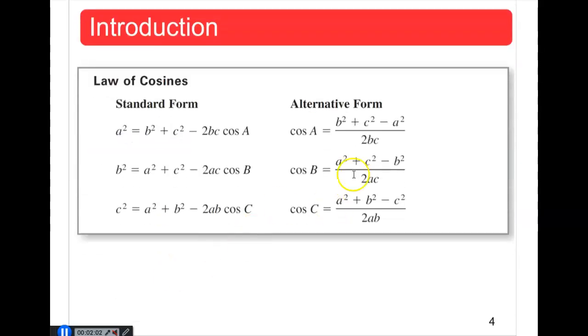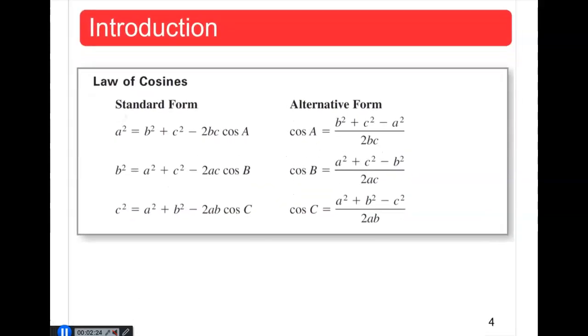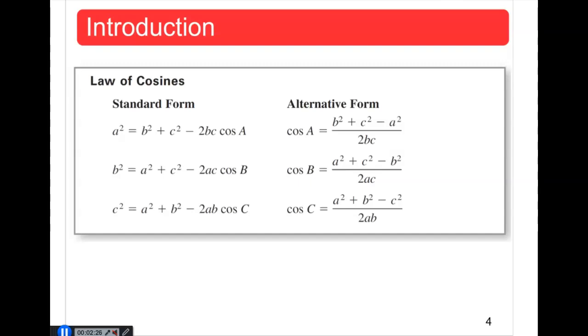This is going to be part of your formula sheet for the next exam, exam 3. We have here the standard form of the law of cosines if you were asked to find one of the remaining sides. If you look at the three of them, you have a squared, b squared, c squared.